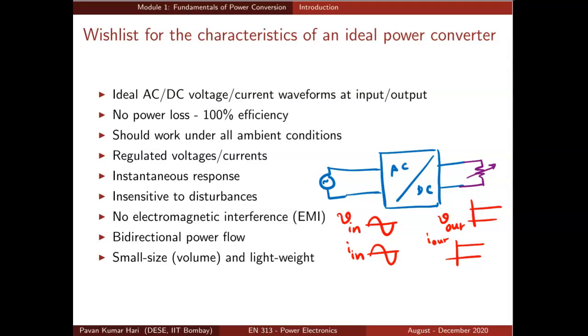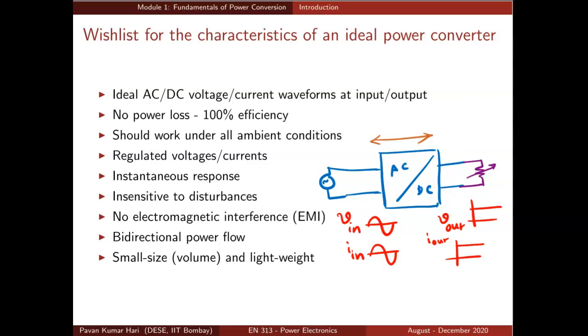The power flow should be bidirectional. This is a preferable choice. If we consider the AC to DC converter, we should be able to transfer power from the AC to DC side or DC to AC side. The bidirectional power flow is of importance in battery charging and discharging circuits.